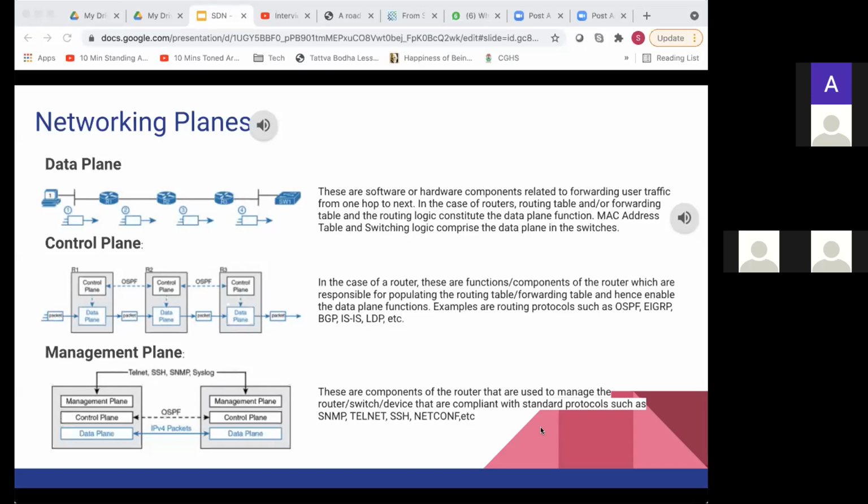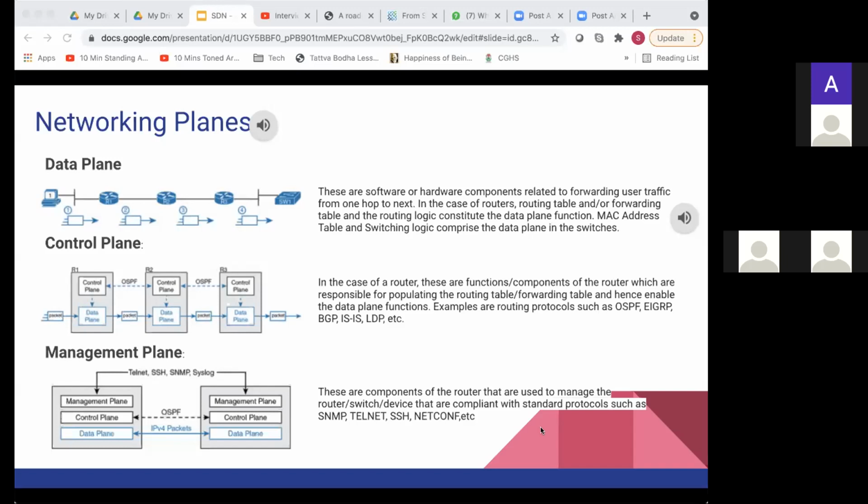Not necessarily. Each of them plays a different function. So the control plane has various functions. It has routing. So BGP is the Border Gateway Protocol, which says how the network behaves at the border gateway. OSPF is finding the shortest path to the next hop.